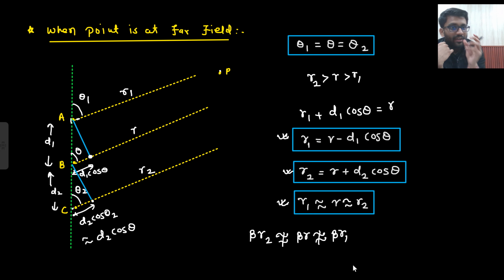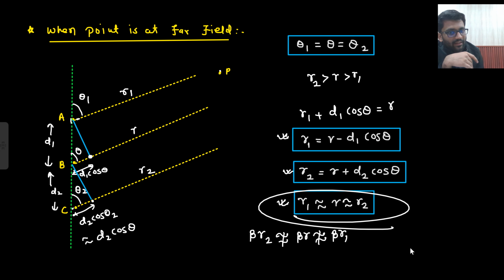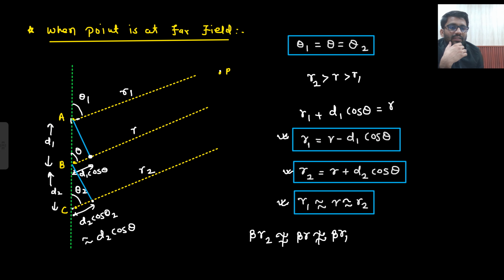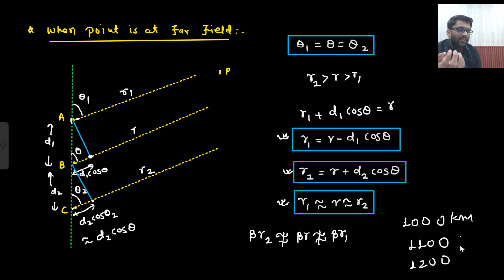So whenever you are multiplying the distance with a particular factor, at that time you cannot say that all are nearly equal. Here they are certainly nearly equal. But if you multiply with beta, then we cannot say they are nearly equal. Like 1000, you can say it is nearly equal, all three are nearly equal, if you are talking about very large distance. If I call this 1000 kilometer, this 1100 kilometer and this 1200 kilometer.